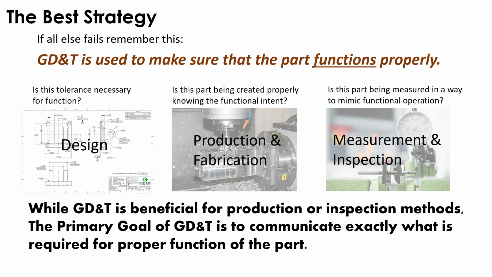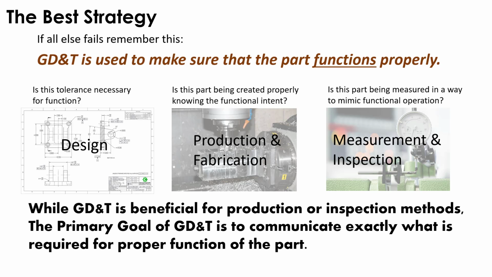Now, we still use coordinate dimension tolerancing on our drawings because sometimes it just makes better sense. We don't have to slap a profile tolerance on there if we don't feel it necessary. But if we know that the part's already going to be locked down in a CMM for these inspections, then we'll include these as well. We'll go in there and add profile.